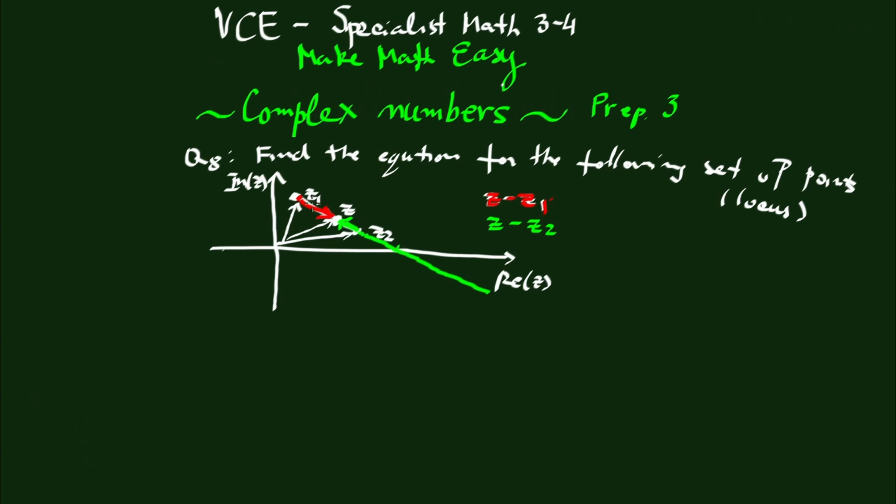So what do we see? That these vectors are collinear, so these points are then collinear.